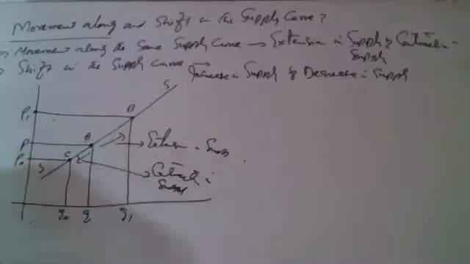So when we move on the same supply curve from one point to another point, it is the case of extension in supply or contraction in supply. First of all, we will take what is extension in supply and contraction in supply.